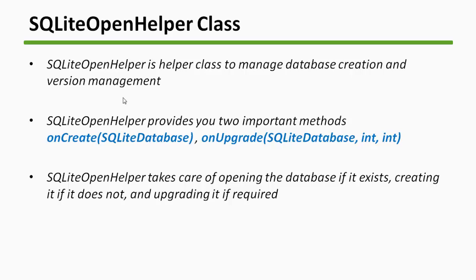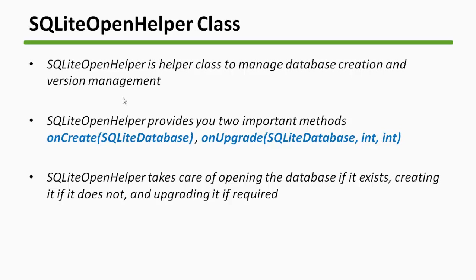Let's say you have 5 tables in version 1 and now you have 10 tables in version 2. So what will you do? Will you delete all 5 tables and create 10 new tables? No, you cannot do that, because those 5 tables are actually holding the data of the user. You have to migrate that data from those 5 tables into the new 10 tables.